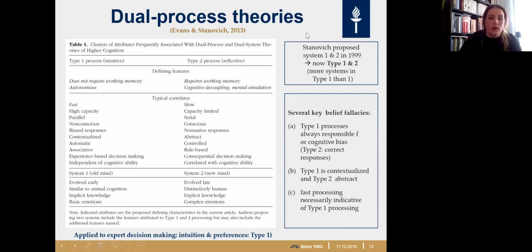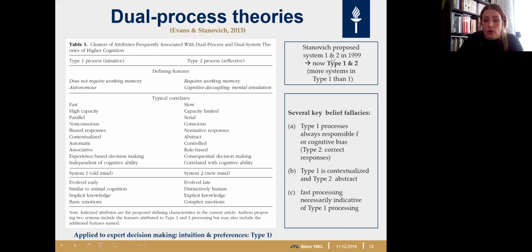So even though, for example, Kahneman has made type 1 and type 2 processing quite popular, there's still a lot of research trying to figure out the relations and descriptions of these, what these actually stand for, and what the explanatory power of these dual process theories is.